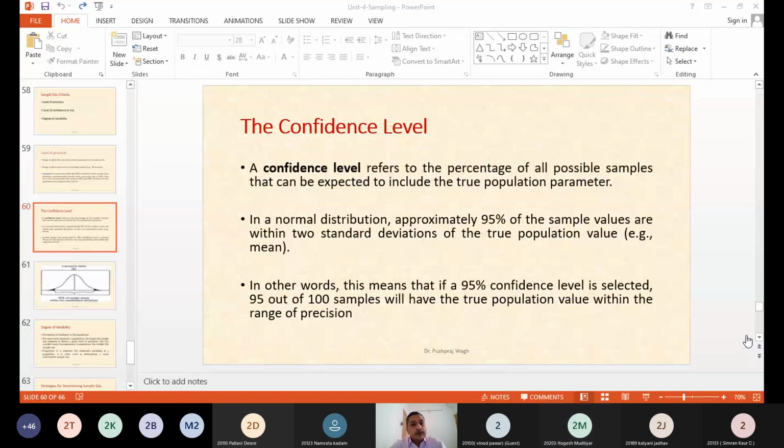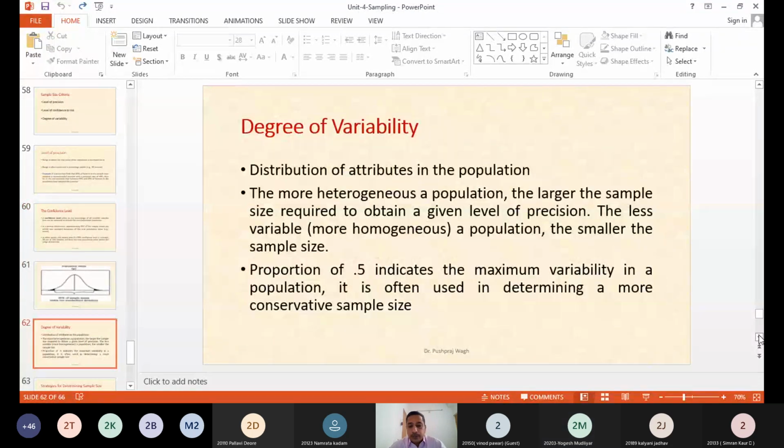Going ahead, we'll see another factor which we need to take into consideration while determining sample size, which is degree of variability. So how the subjects or the items in that particular group vary from each other.